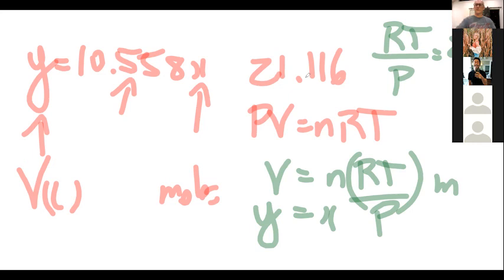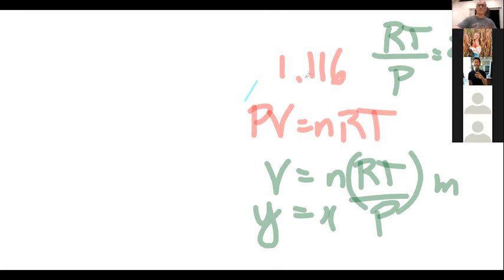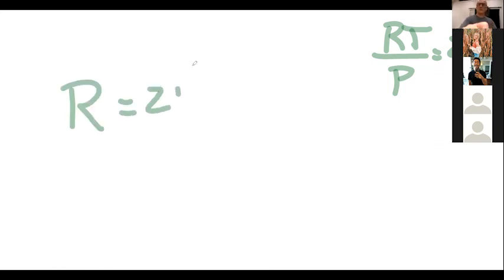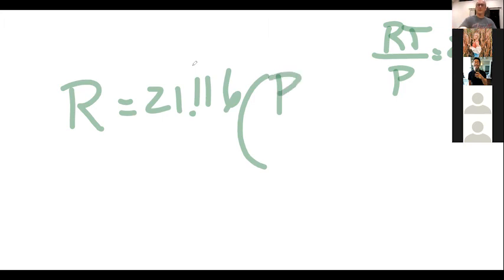So my pressure, let me clear some of this out. I want to solve for R. So let's isolate R. R is going to be equal to 21.116 times P divided by T, right?